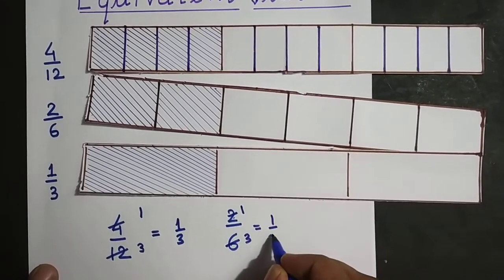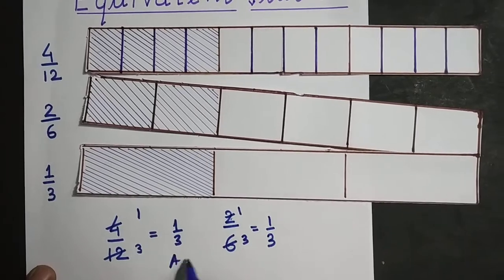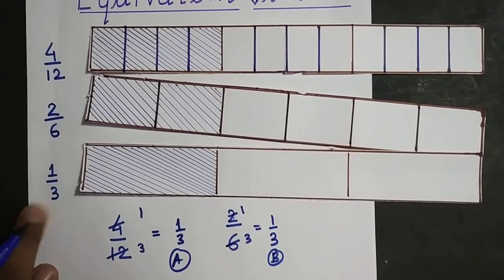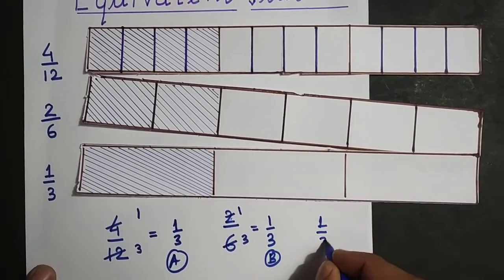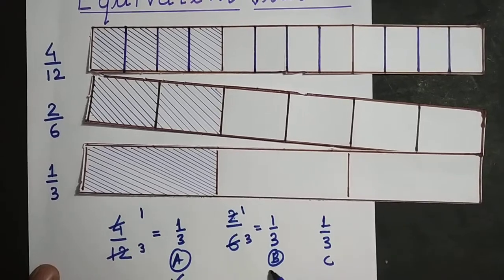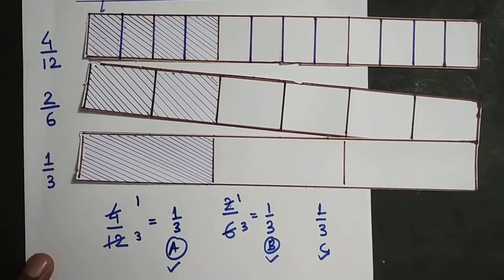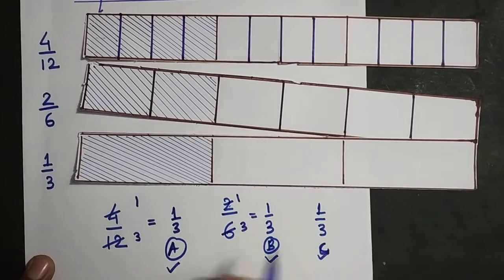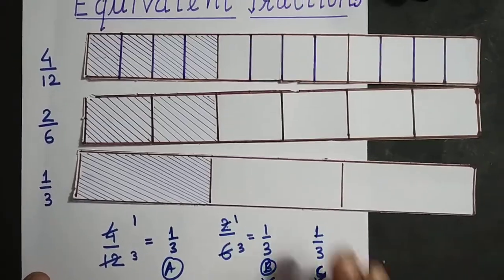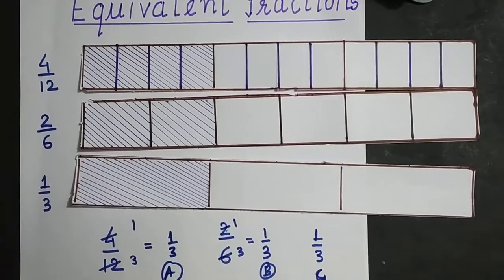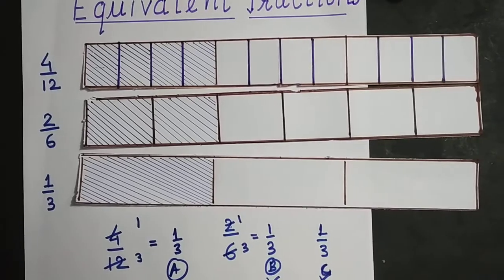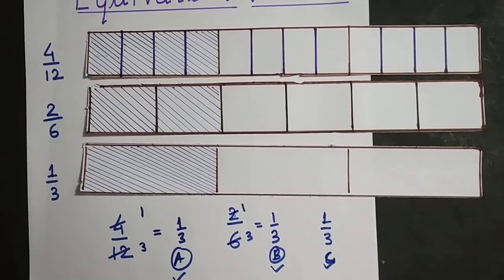Again 1 by 3. So this is A, this is B, and the last one is C, 1 by 3. So easily you can see A, B and C are equal in value. Understood? That's why we call it an equivalent fraction. Equivalent fraction इसलिए हम बोलते हैं.